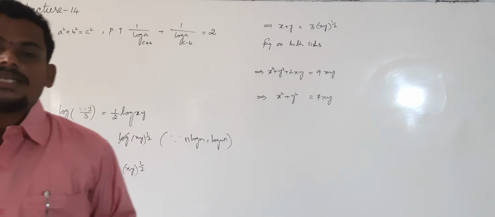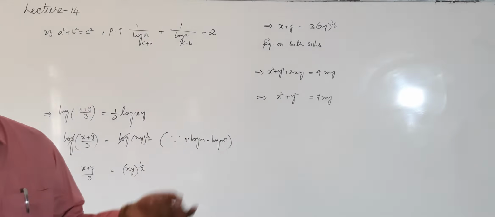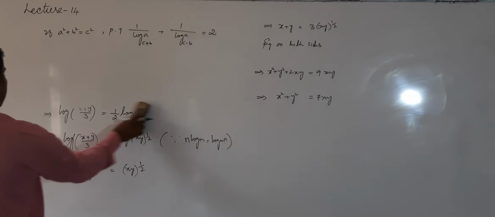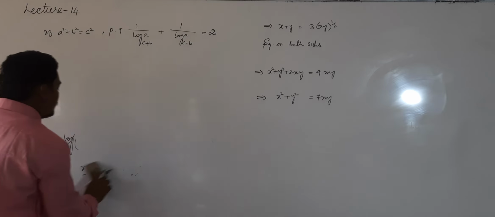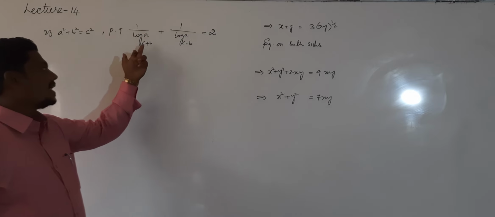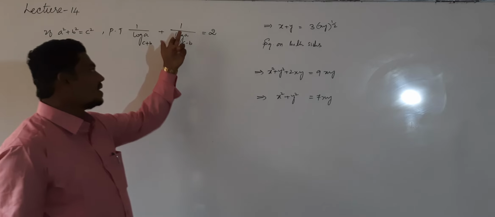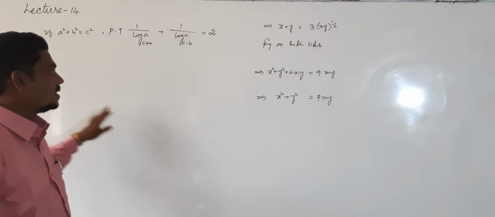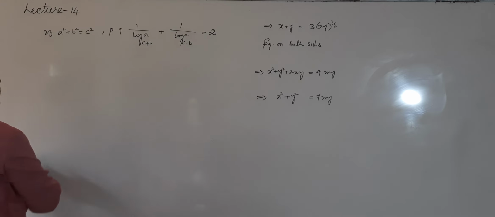One condition is given, that is a square plus b square equal to c square. Then prove that 1 divided by log a to the base (c plus b) plus 1 divided by log a to the base (c minus b).